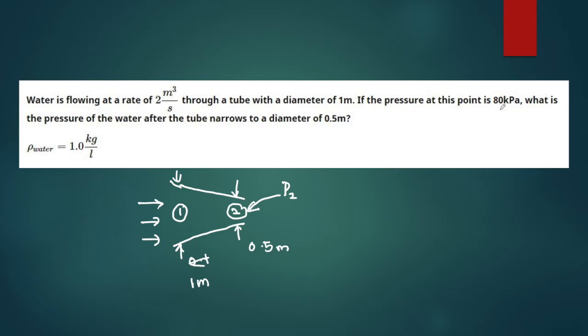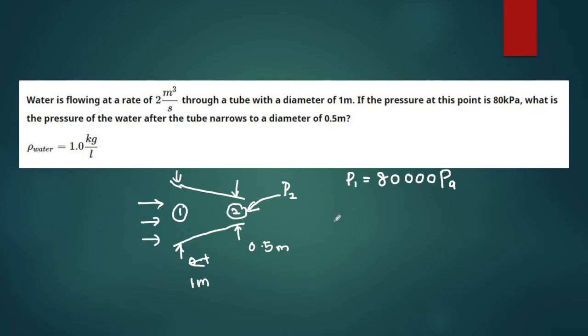Please remember that P1 is in kilopascal, therefore we have to change it into pascal. Kilo is just times 10 to the power of 3. So 80 kilopascal is 80,000 pascal. So P1 is 80,000 pascal, and we have to calculate the pressure 2.